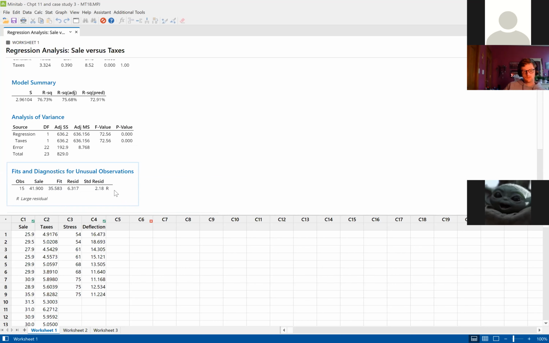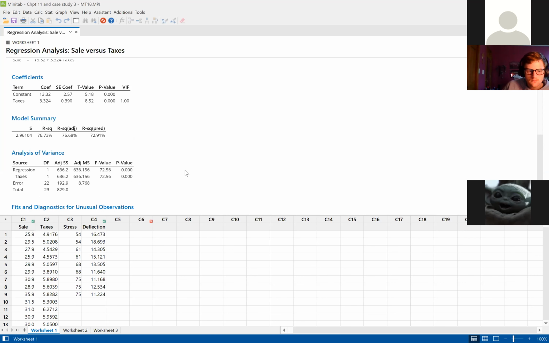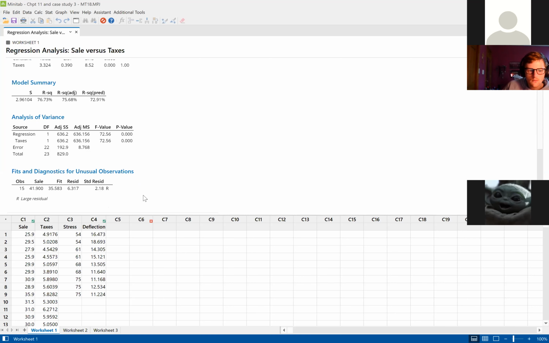One thing I could do is remove this outlier and see if my model is better or worse. And before you just decide to throw away data, it's important to understand why that outlier would be considered unusual. Minitab has a couple different codes, but this code R here corresponds to a large residual.